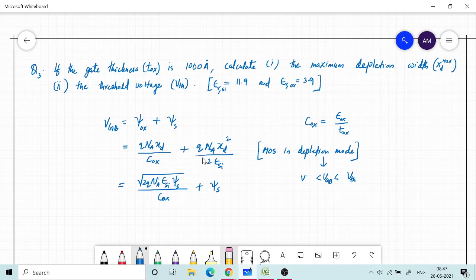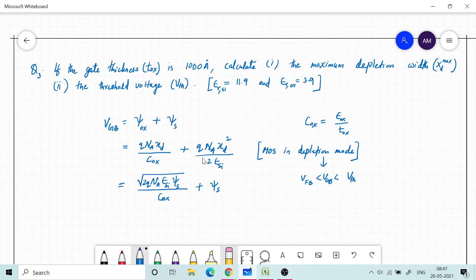If it is not a phi ms equal to 0 case, then we have to have flat band voltage. So if VGB is less than V flat band, we will have accumulation. If it is greater than VTH, then we will have strong inversion. So we discussed all that.